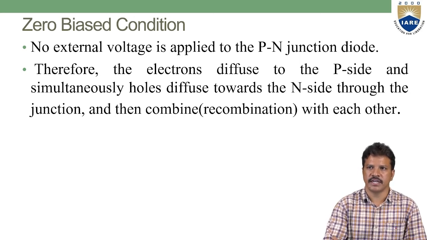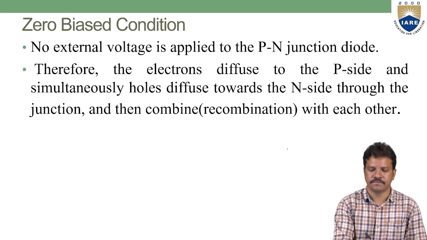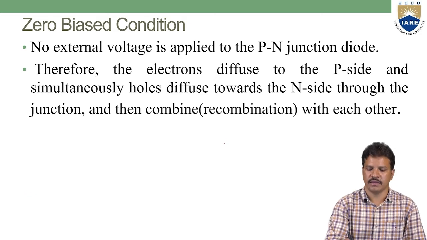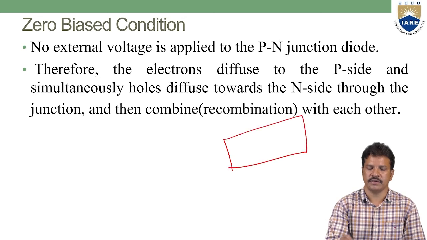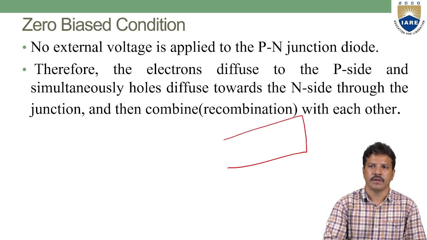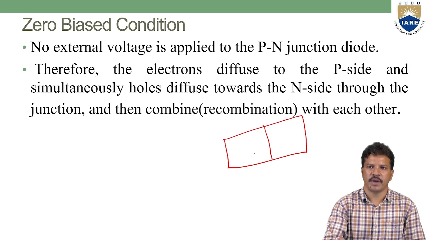What is concentration gradient? For example, if you take the p-n junction, this is a p-n junction. We take p-type material and n-type material, combine them together, and we achieve a p-n diode. It is a two-terminal device.